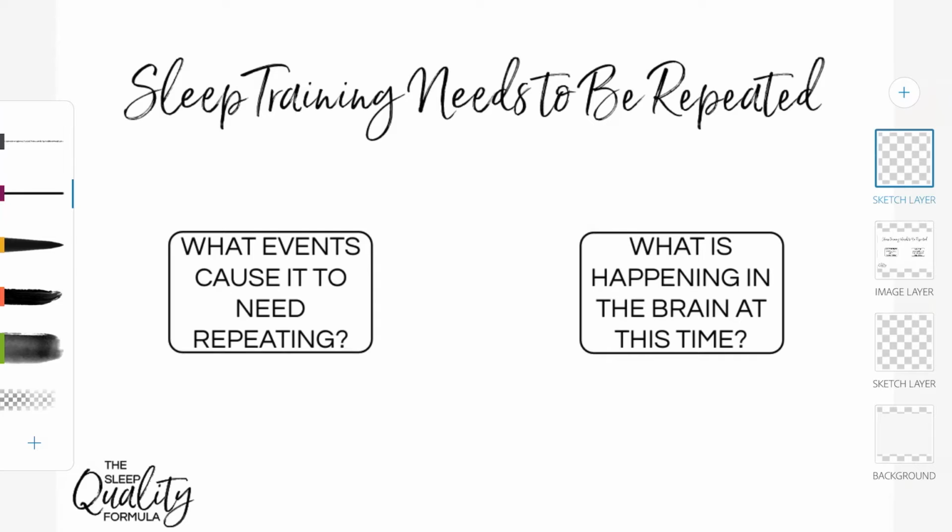repeated, okay? So the events that actually cause it to be repeated are things like developmental changes, like sleep regressions, like nap drops.